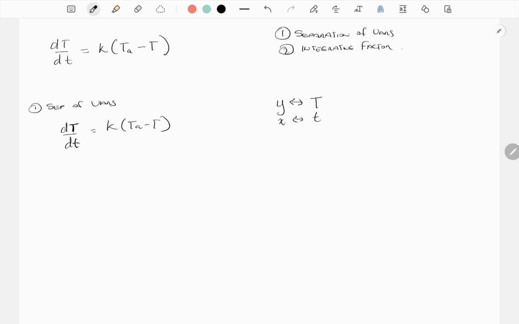Okay, so what do we want to do? We want to separate the variables. Well, we've got to keep everything in these brackets together in order to do that, because the T that we're looking for is here. So we're going to divide both sides by TA, which is a constant, minus T. So we're going to go 1 over TA minus T, dT is equal to k, and then we're going to multiply both sides by dt.